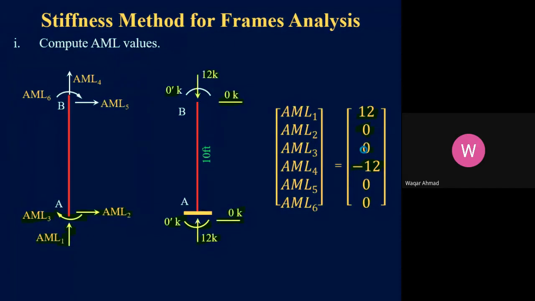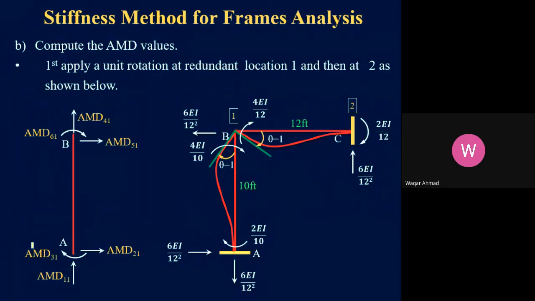Now I go and find out the AMD matrix. In the AMD matrix, there will be 2 columns. Why 2 columns? Because we have 2 coordinates.